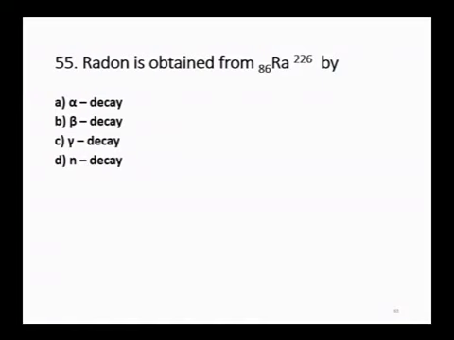When radium (86-226) emits, it gives radon with 84 and 222.